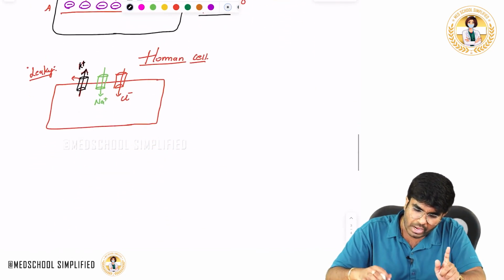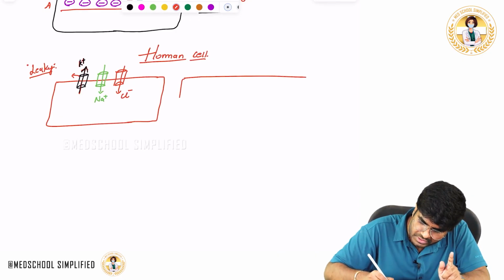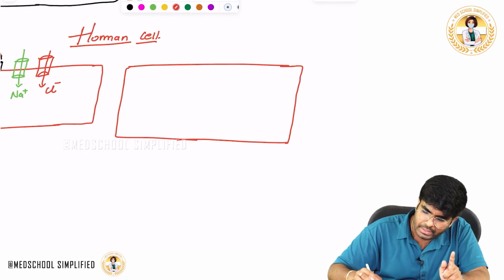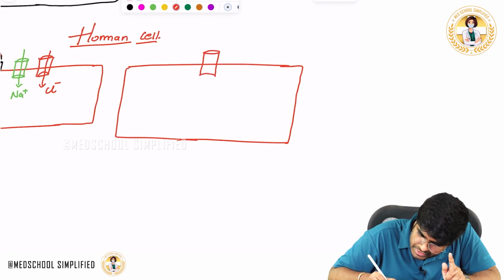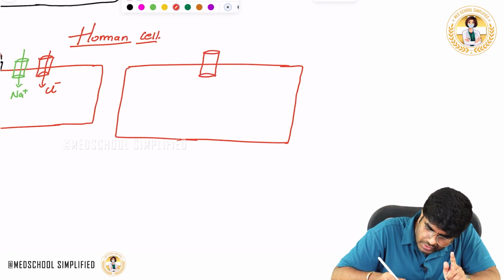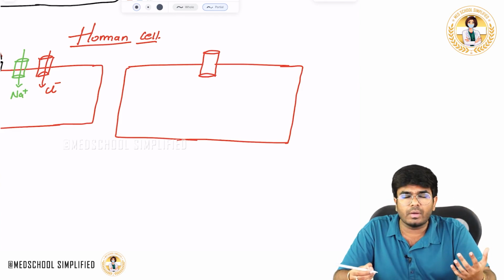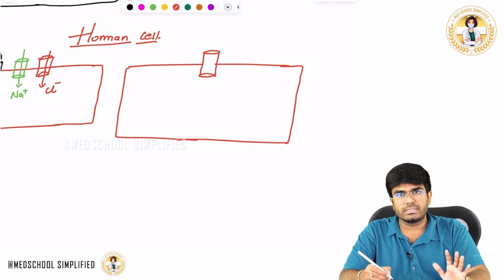So let me take you one typical human cell. For better understanding, let's say this cell is only having one type of leaky channel. And what is that one type of leaky channel? It is the potassium leaky channel, which is most common, and most of our human cells have the maximum number of these potassium leaky channels.